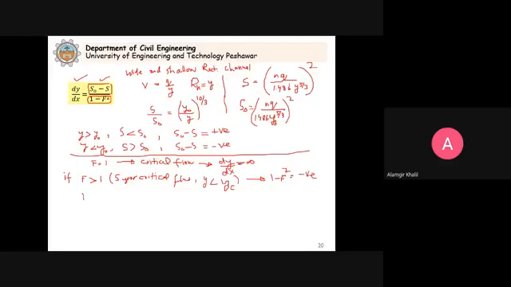And if F is less than 1, it means we have subcritical flow. In that case, y is greater than yc, and it means that 1 minus F square, because F is less than 1, will be positive.